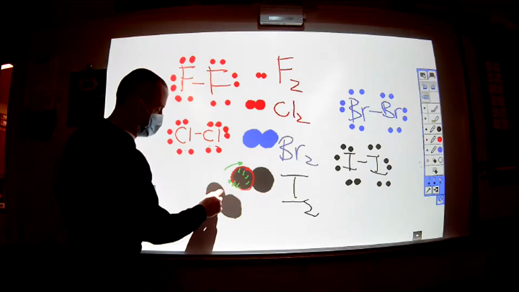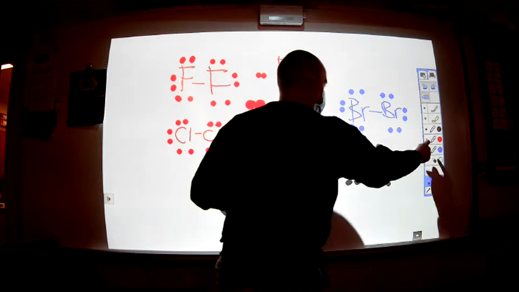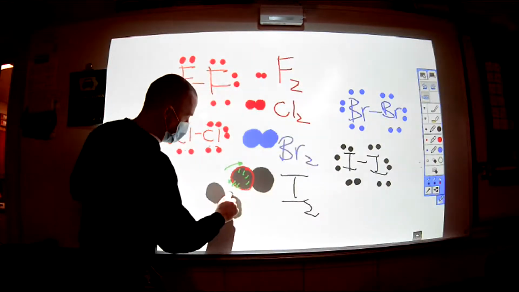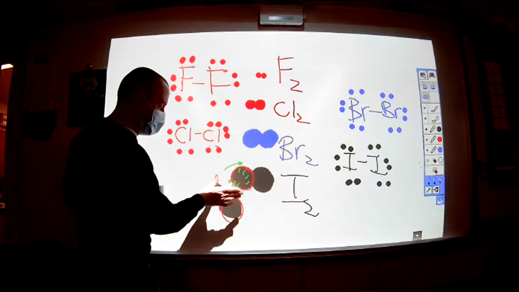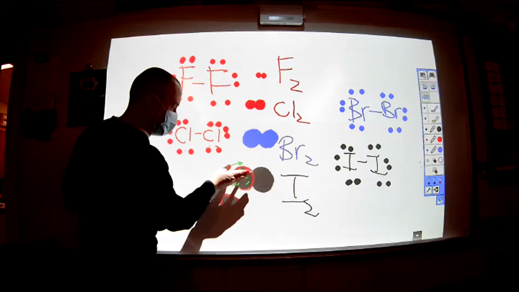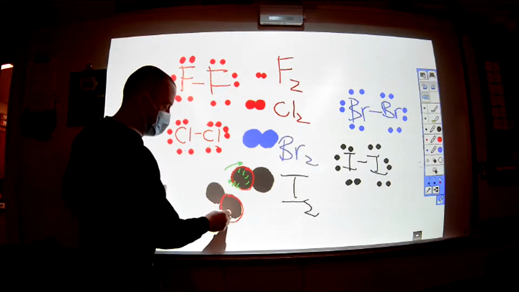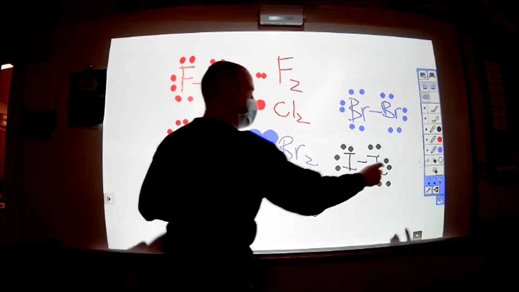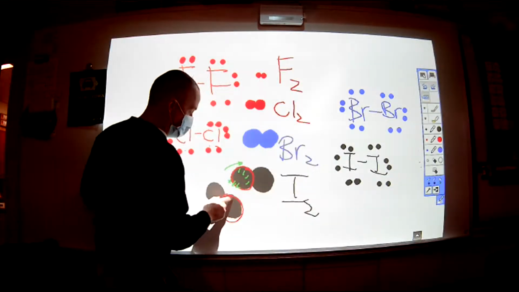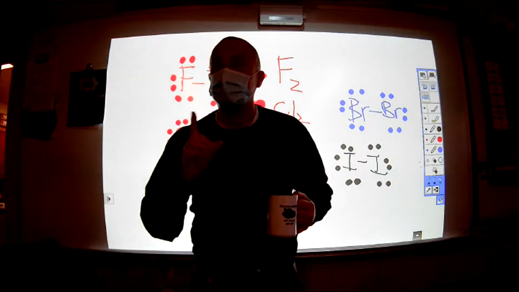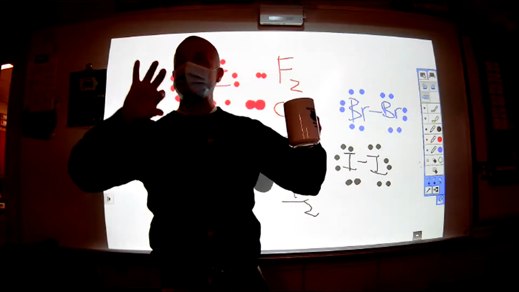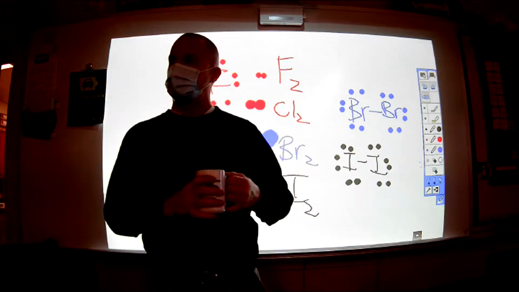What's it going to do to the electrons on an atom near it? Here's an atom right near it. If this side of that iodine becomes temporarily positive because the electrons move over there, then the electrons on this atom might be what? Drawn over to that side. That's called an induced dipole. Induced means it was tricked into happening.